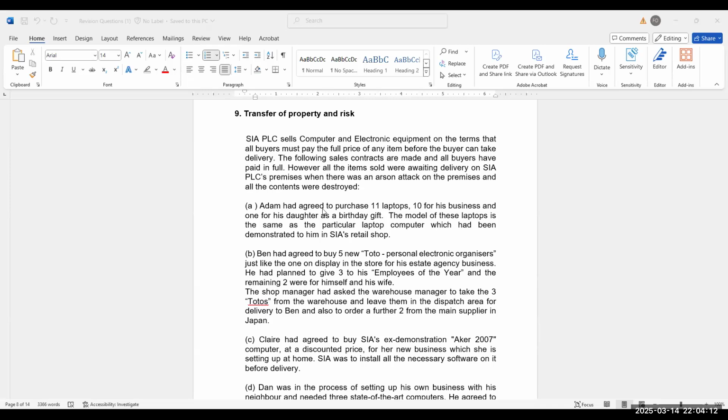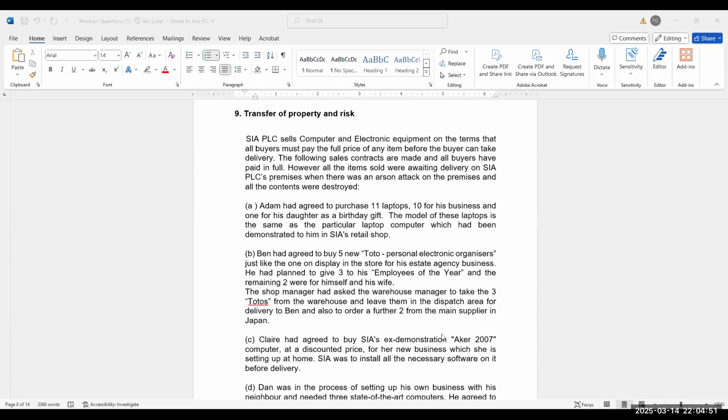Oh yeah, so it doesn't matter anyway. You know, with the SGA, risk follows property. With the consumer, risk doesn't move until it gets to the buyer, until delivery. So I don't think that's a discussion you want to explore. It's not necessary because the CRA does not discuss the issue of passing of property anyway. So you still have to go through the motion with the SGA before talking about risk and applying the CRA.